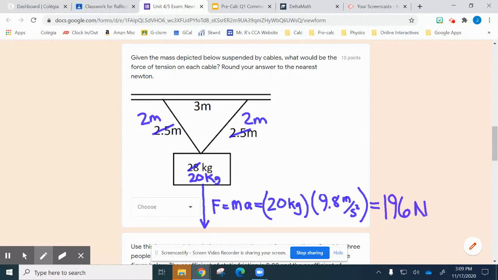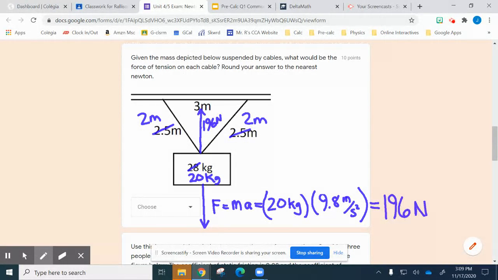So these ropes must be supporting 196 newtons. There must be an equal and opposite force of 196 newtons pulling up, right? There are two ropes of equal length supporting this thing, so in this instance they're dividing the force in half.